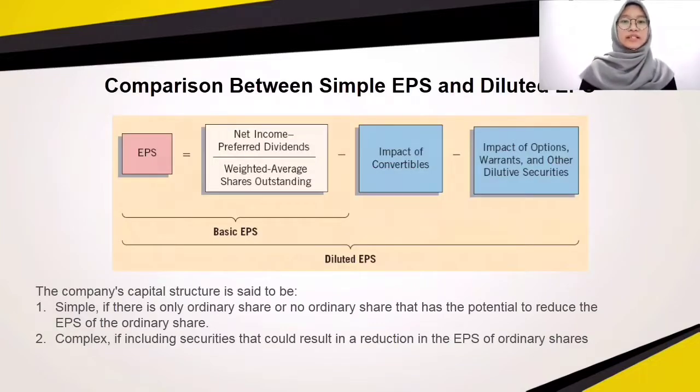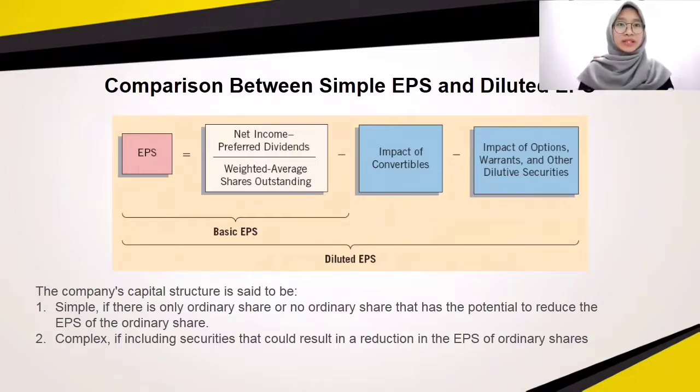And then the comparison between basic earnings per share and diluted earnings per share. Basic earnings per share is net income minus preferred dividends, divided by weighted average shares outstanding.